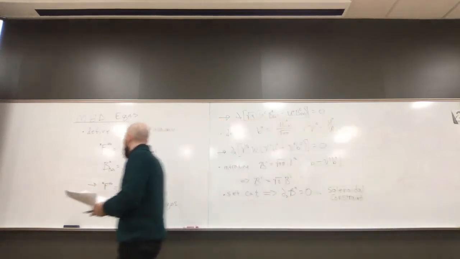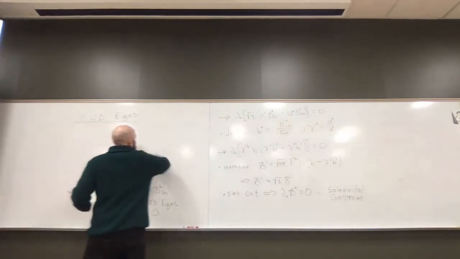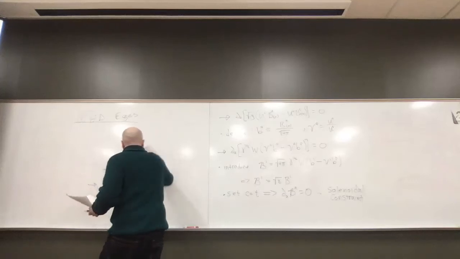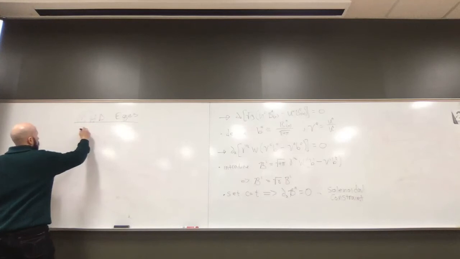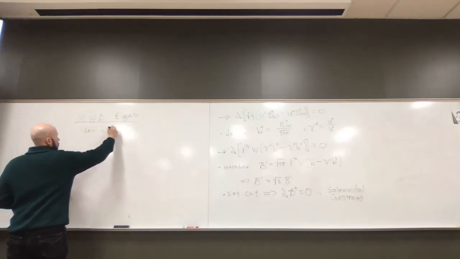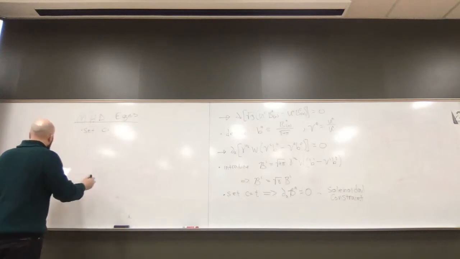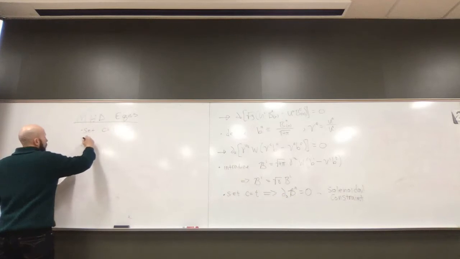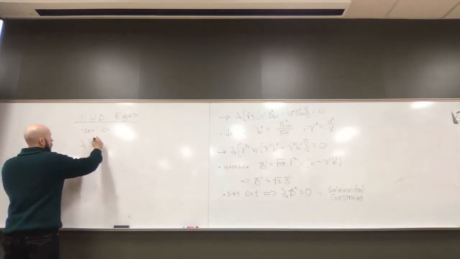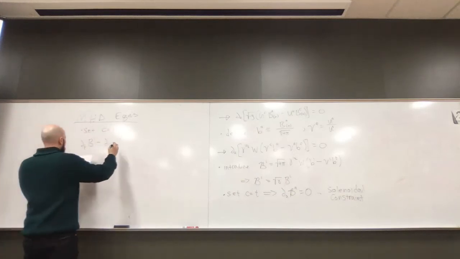Now, if you set C equals I, we'll get our spatial part. Set C equals I, and you get the spatial part of that equation, which is nothing but the induction equation. So partial with respect to time of B^i, and then now I'm splitting it up into the time and space components, right?